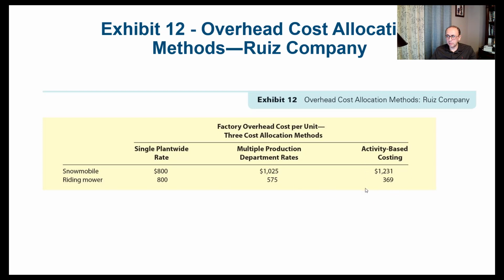But when we used the activity-based costing method, where the allocation was based on the activities used in each product, the allocation is even more precise, and the amount of factory overhead allocated to the snowmobile is almost 3 or 4 times what we have for the riding mowers. And that's why many businesses rely on activity-based costing to get a more accurate allocation of the overhead. The only problem with activity-based costing, again, is that it's a little bit more expensive because you have to do all these calculations.